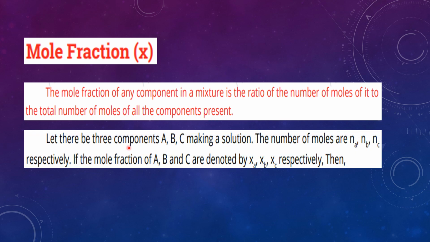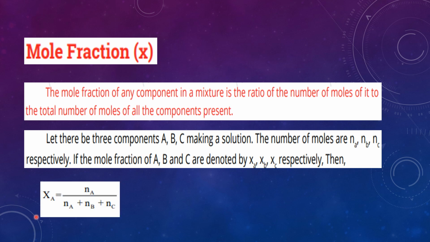Just like if there are 3 components A, B and C in a solution, Na indicates the number of moles of A, Nb the number of moles of B, Nc the number of moles of C. The mole fractions of A, B and C will be expressed as XA, XB and XC.